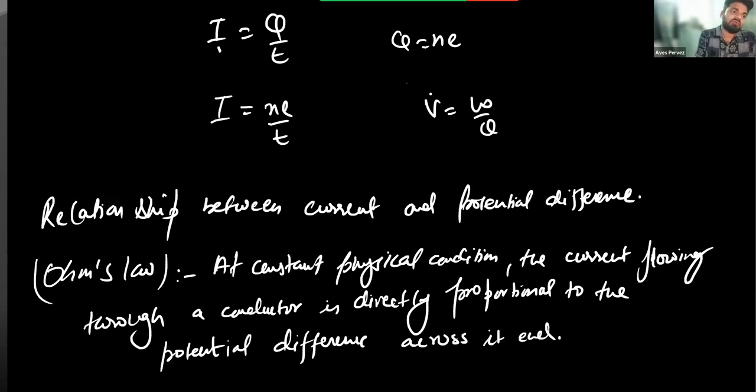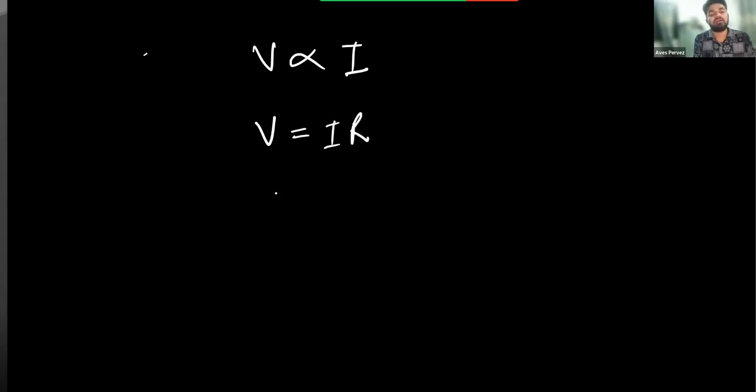So if V is directly proportional to I, it is saying the more the V, the more the I. So we can say that V is equal to IR. From proportionality, when we change something, we use some constant.